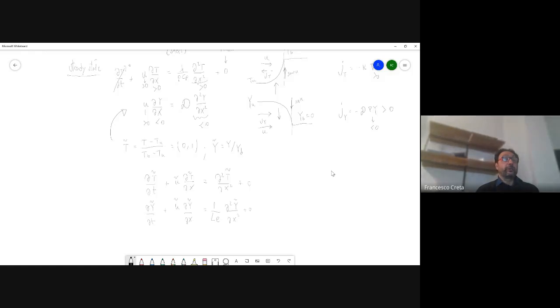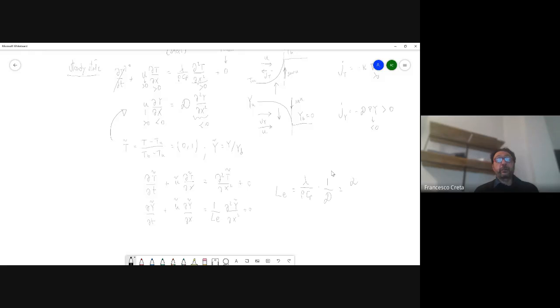The Lewis number is the ratio of a thermal diffusivity, which is defined as lambda, is K, okay, is what I call K, the thermal conductivity. So it's lambda divided by rho Cp, okay, and the mass diffusivity.